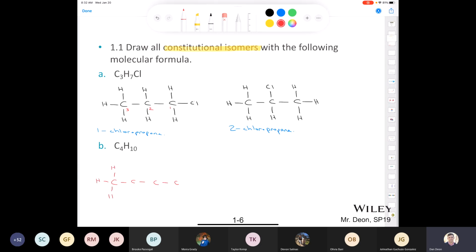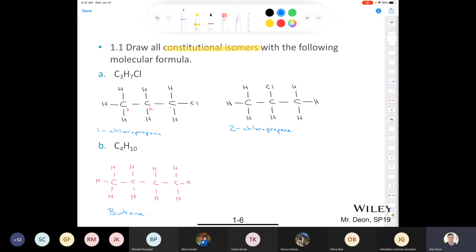If I put 3 hydrogens here, this carbon has 2 bonds. If I put 2 more, this carbon has 2 bonds. If I put 2 more, and this carbon has 1 bond. If I put 3 bonds to hydrogen, look what I have: C4H10. This is called butane. It's the same butane that's found in a butane lighter that you could buy at basically any store. Anyhow, butane.